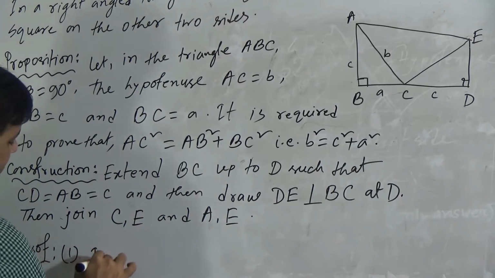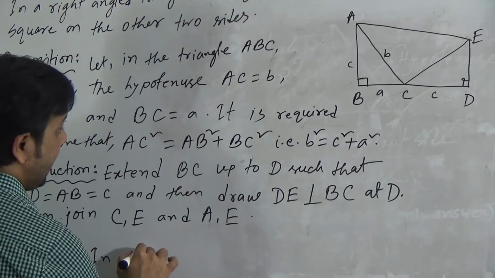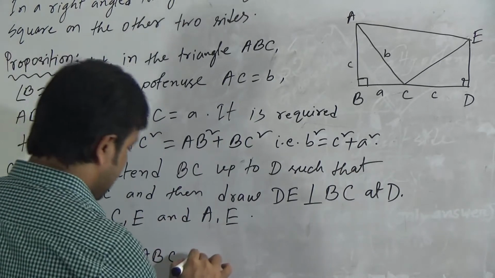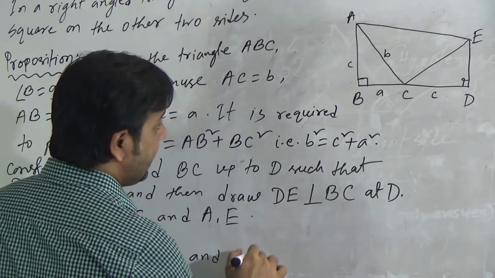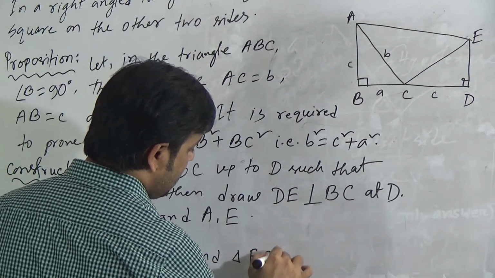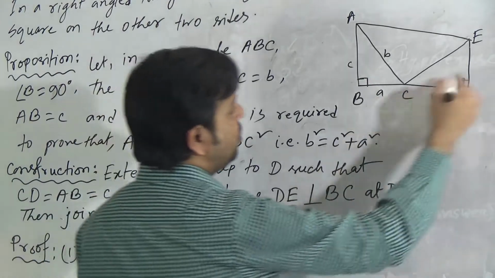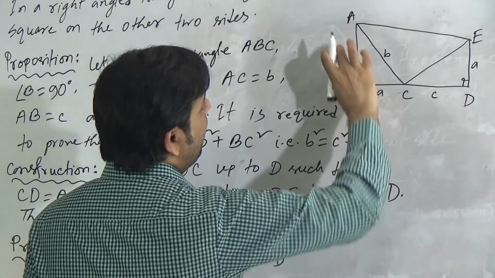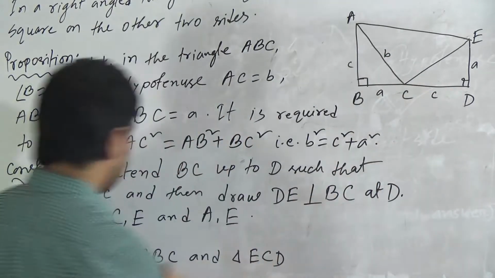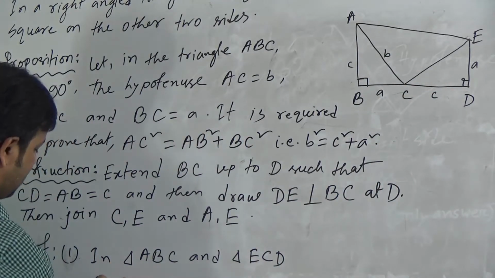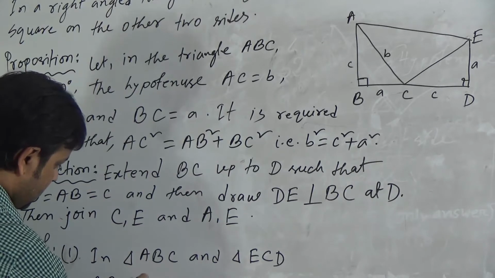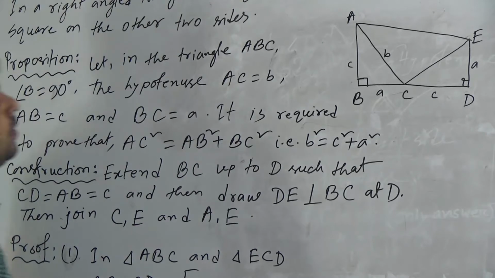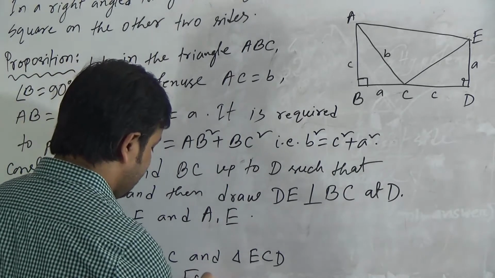In triangle ABC and triangle ECD, between these two triangles, we know AB is equal to CD. What is the reason? Here justification will be according to construction.